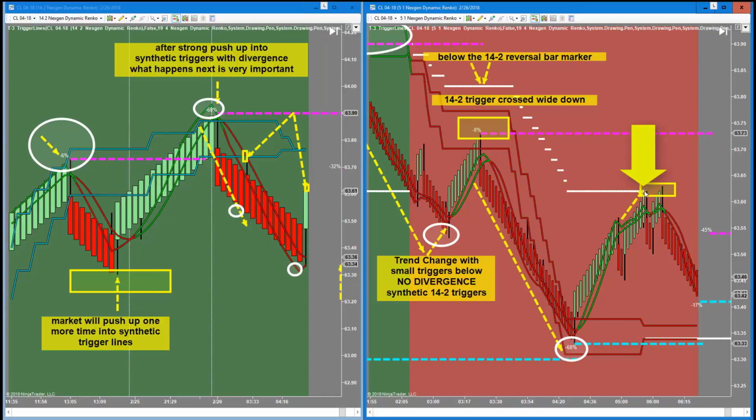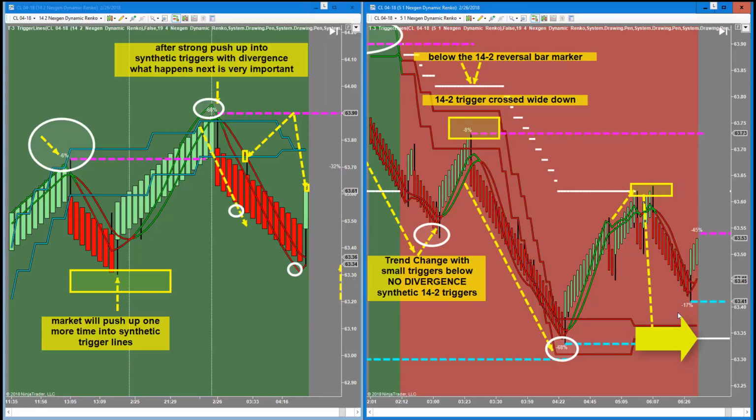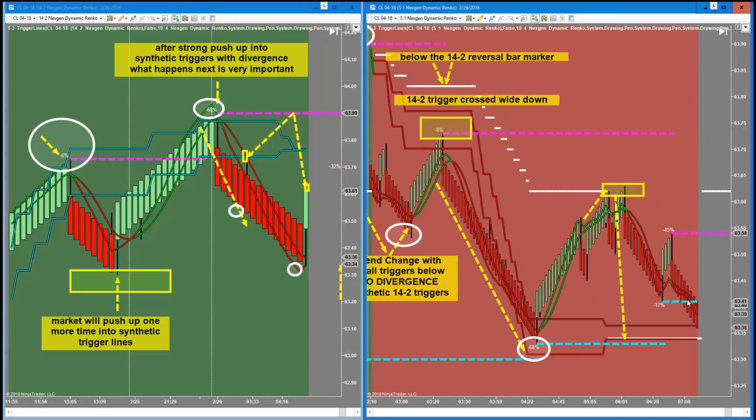And again, once you get to a spot like this where we've got the large gap right at our synthetic triggers, if you've got the proper Fibonacci combination here, maybe you get one more attempt at a short trade. If not, then traditionally the trend will just about be over.